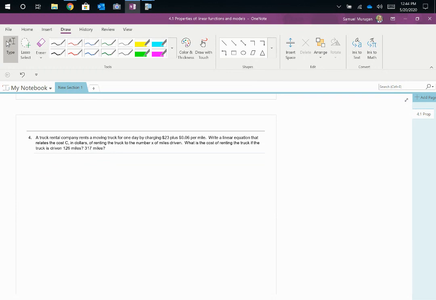All right. A truck rental company rents a moving truck for one day by charging $23 plus 6 cents per mile. Write a linear equation that uses C, the cost in dollars, and X, miles driven. Now they gave us some information, right?